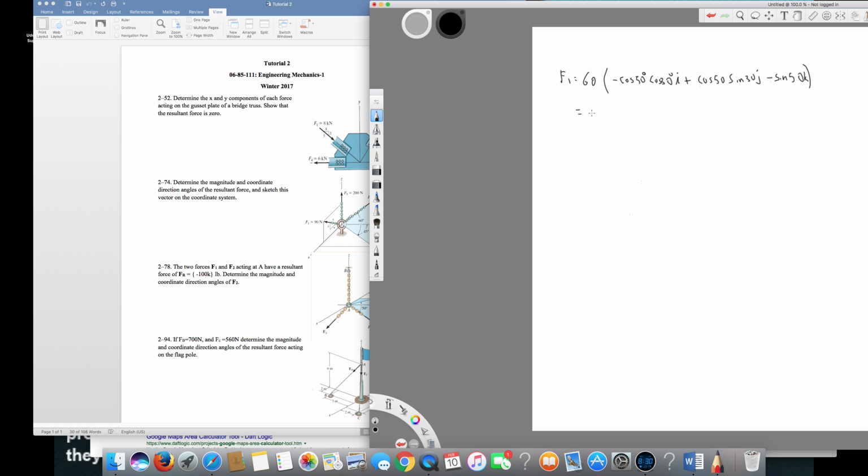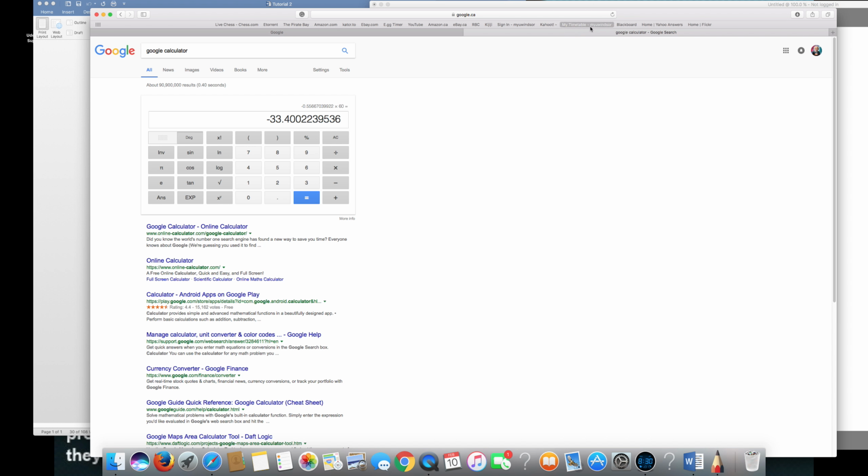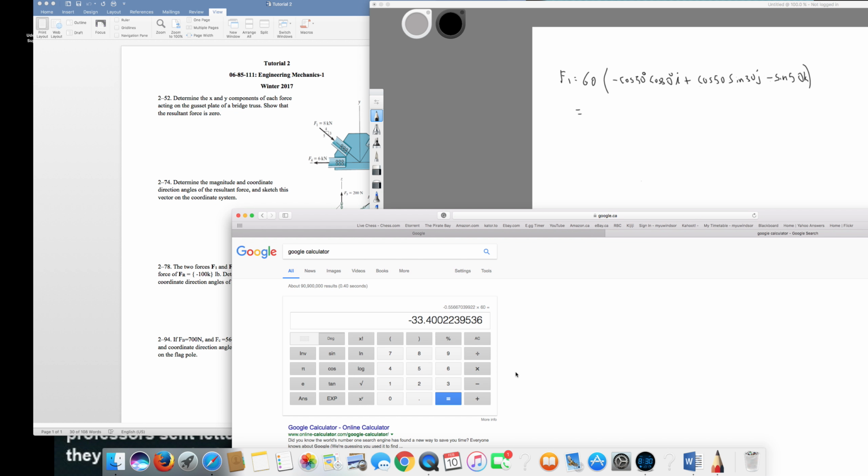So since we have this one right here, what I'm going to do is simply multiply everything and put the values right here. Let's use the Google calculator to do that. Okay, so make sure guys, the calculator should be in degree, not in radians. If you put these values in radians, you will get a completely different answer. So you shouldn't do that.